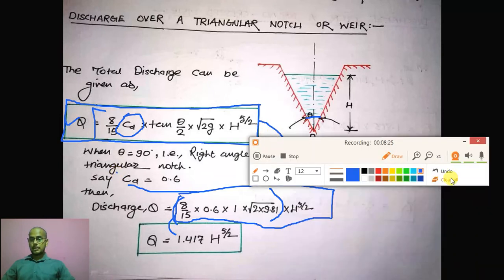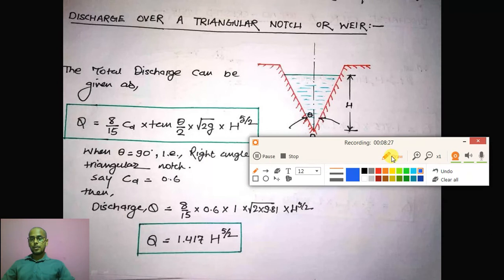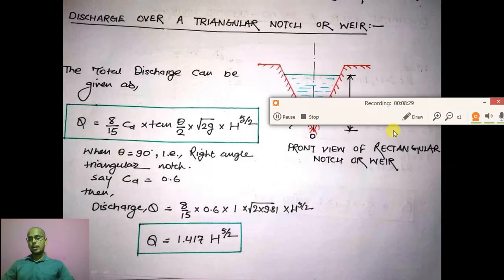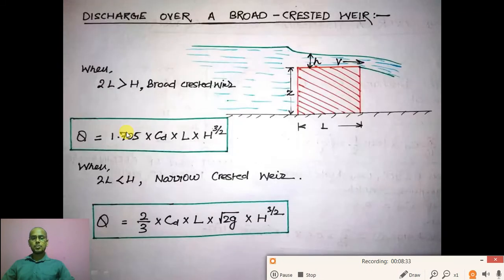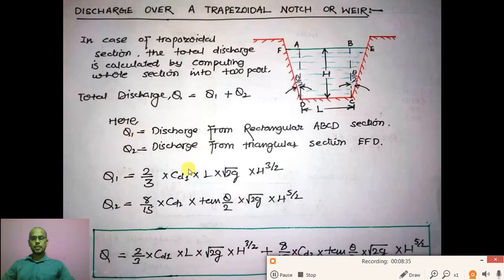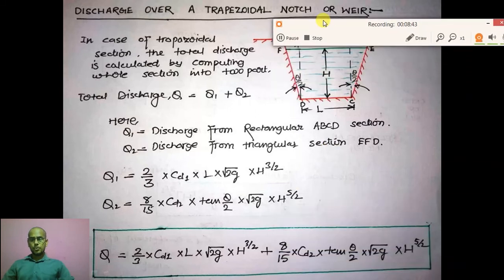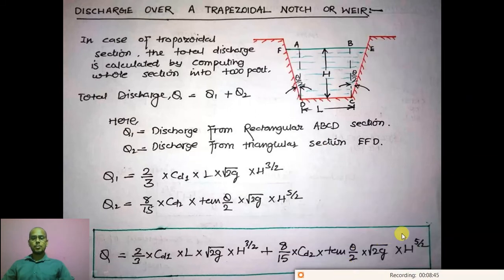When you get a numerical from this portion, there are more chances that a question will be asked from this one. Because the concepts of the rectangular section and the triangular section are used here combined, and you will get a single formula using both concepts.